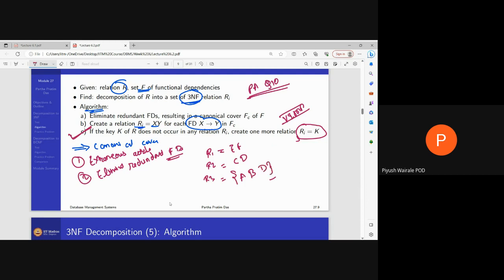And it is not giving the lossless decomposition. So what I can do, I can add one more relation R4 such that it should be a key, right? Key for all the relations R or any of R? Very good question. Key for R, the main relation R.